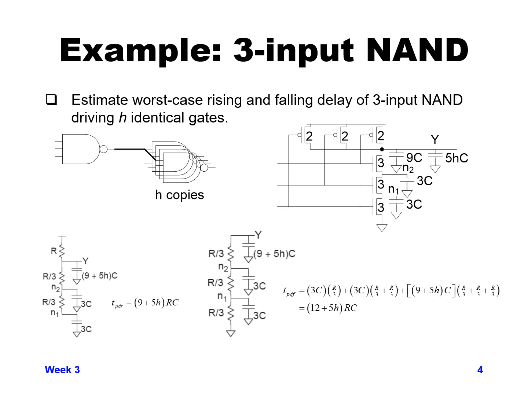So we add those up, R over 3 plus R over 3 plus R over 3, times the output capacitance, which is (9 + 5H) times C. Take that entire equation, and we wind up with (12 + 5H) times RC. So you can see the rising delay is going to be smaller than the falling delay in this case, but they'll be relatively close to each other.